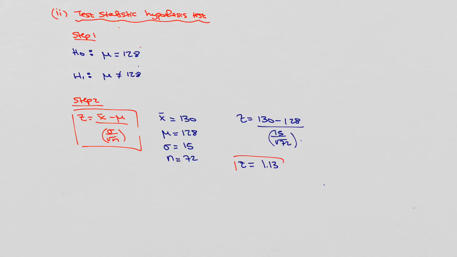So as to be expected from our 95% confidence interval, we would be expecting it to be lying not in the critical region. But we're going to continue to draw our graph to prove that. So again, we draw a nice graph. Mark in our critical values of 1.96 plus and minus.